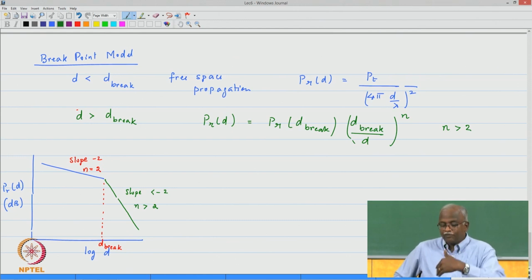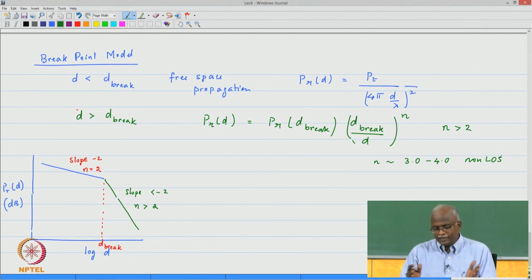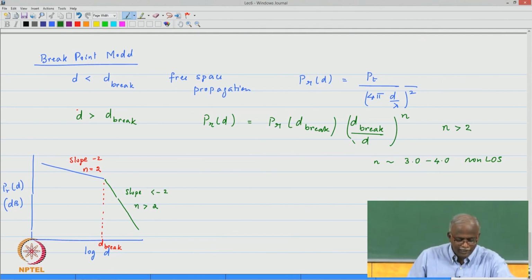So, this is essentially the breakpoint model, and typically the path loss exponent can be anywhere from 3 to 4 for non-line of sight environments, and this is a way by which we can have a quick prediction of what the received signal power is likely to be.